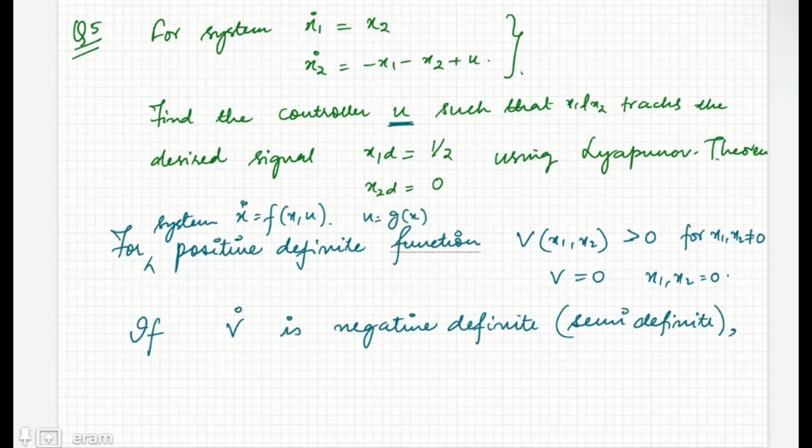If V dot is negative definite or semi-definite, the system will be asymptotically stable for the negative definite case, or only stable for the semi-definite case.